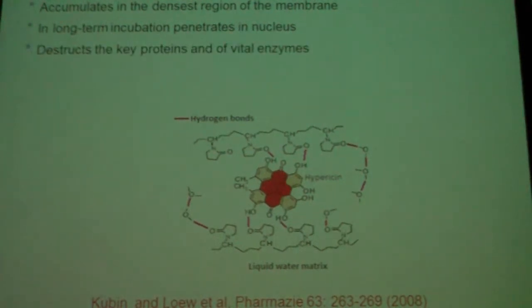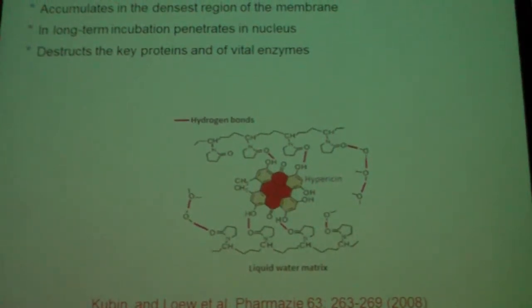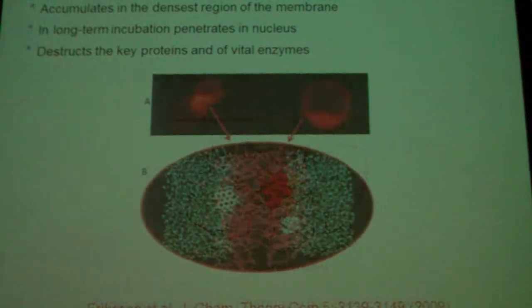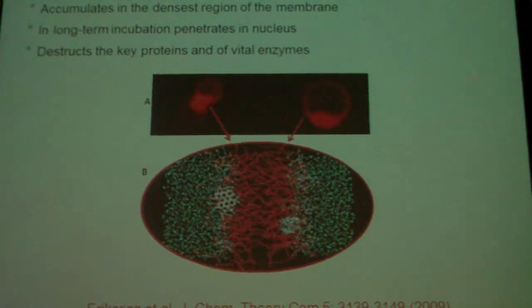The third property is that it can destroy the cell by destruction of the plasma membrane, the nucleus, or by doing damage to proteins and vital enzymes. Here you can see the penetration of the drug in the plasma membrane during cell division and also during the resting phase. And these are two molecules of the sensitizer in the densest region of the plasma membrane.